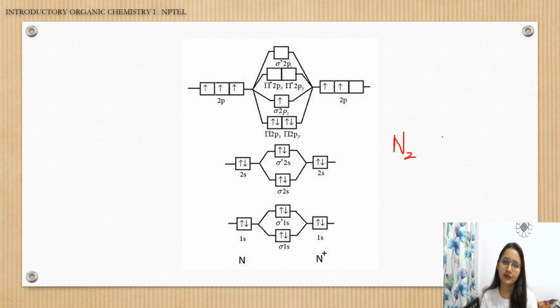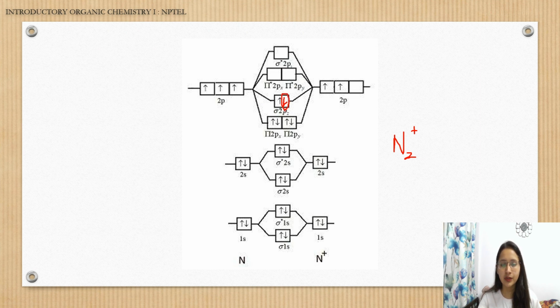Can anyone answer how many unpaired electrons are present in N2? Yeah, 0. Because here 14 electrons are there, so this orbital is also now paired up. So in the case of N2, there are 0 unpaired electrons.